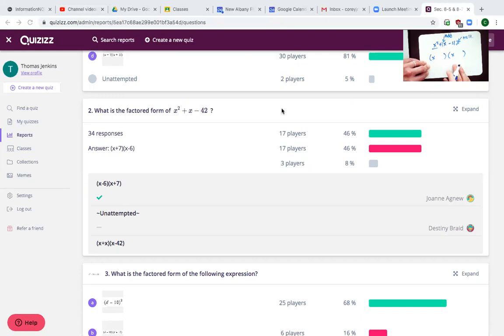These are always the toughest ones that have the negative product. We're thinking which two have a difference of 1. That would be 7 and 6. If we want our sum to be positive, then we want the bigger number to be positive, so plus 7 and minus 6. The other way you could have had that is x minus 7 times x plus 6, because the order doesn't matter. All right, so that was that one.